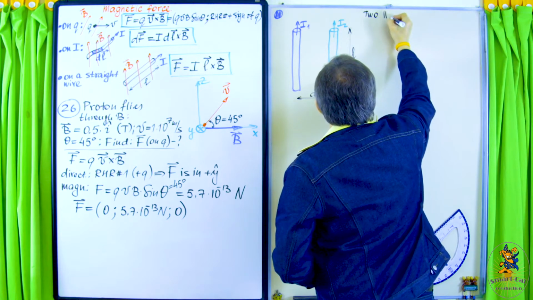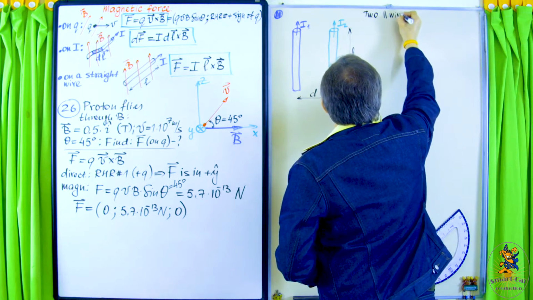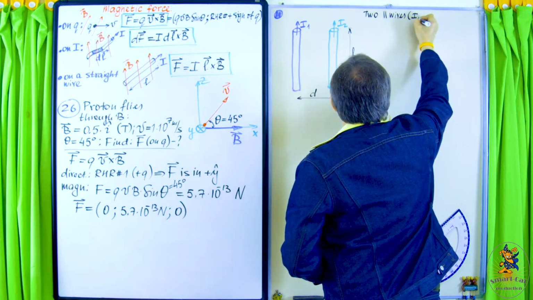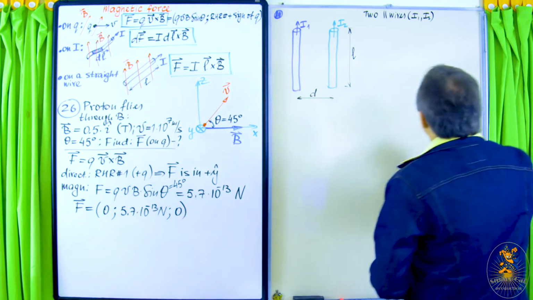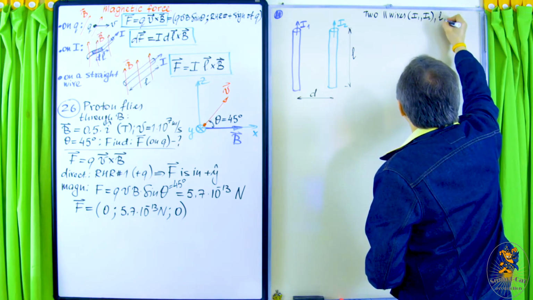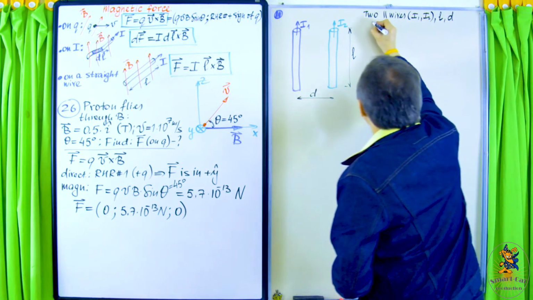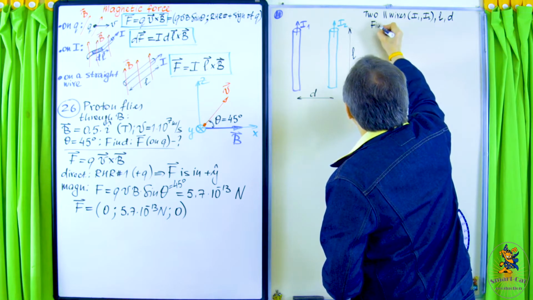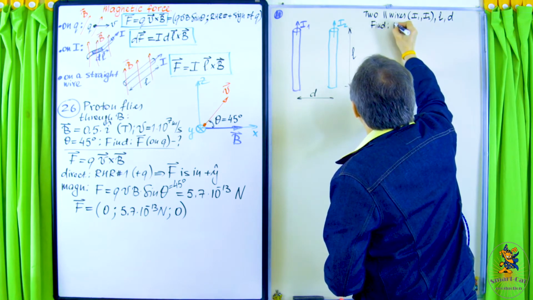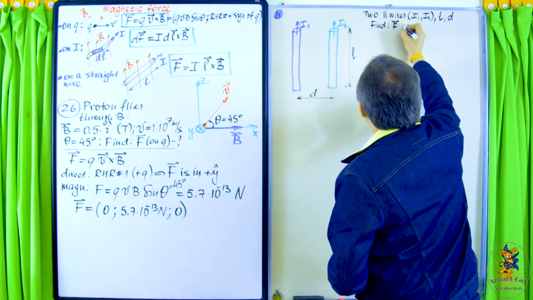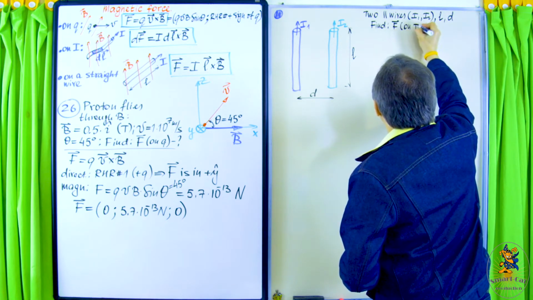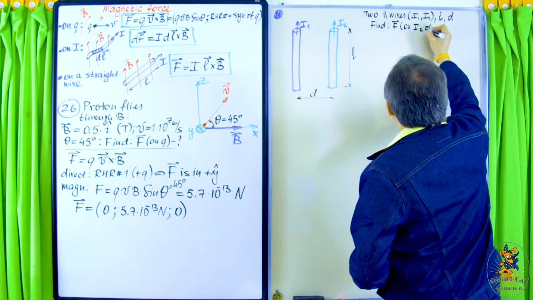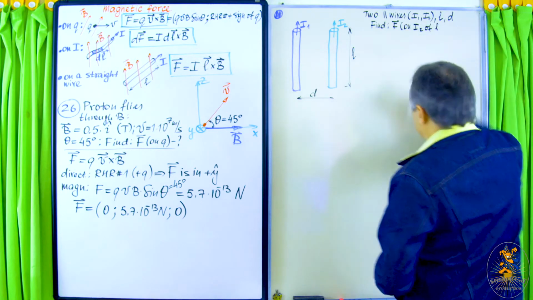Two parallel wires, I1, I2, and then what else is given? L and D. What we need to find is the force on I2.